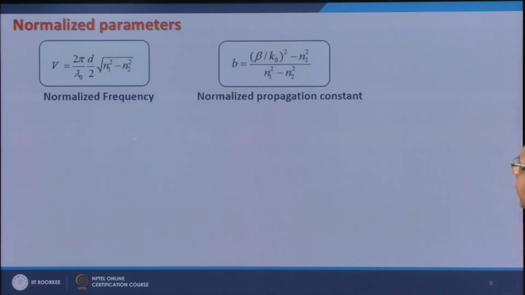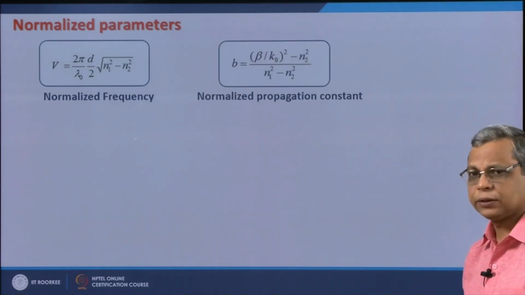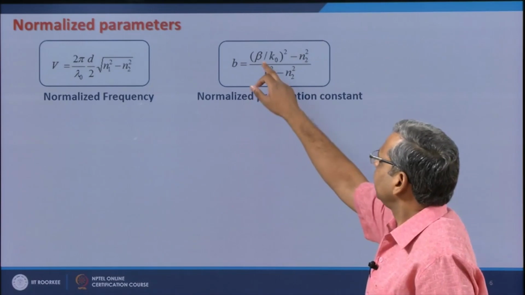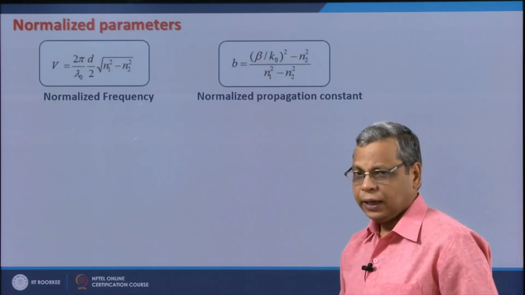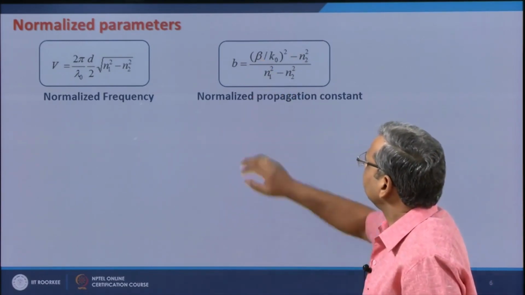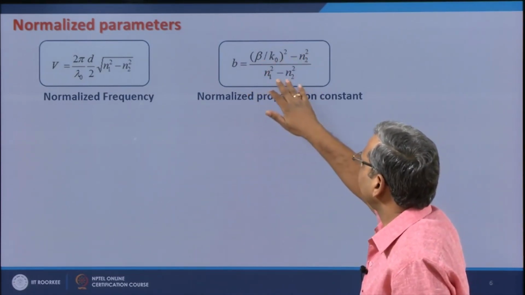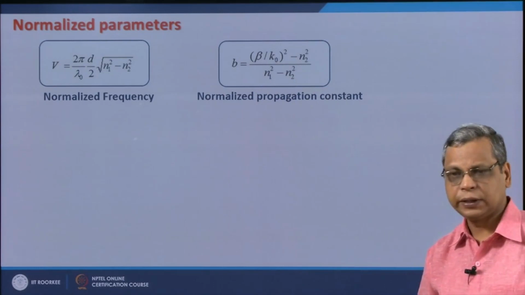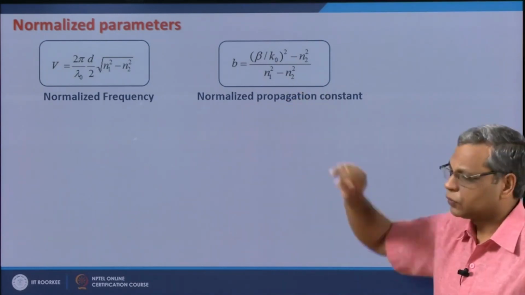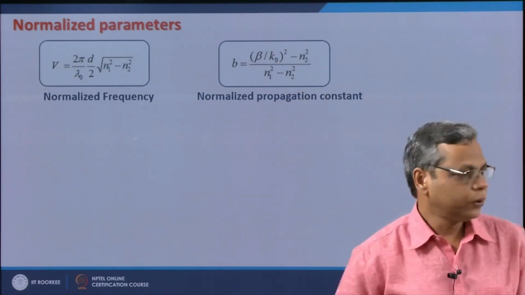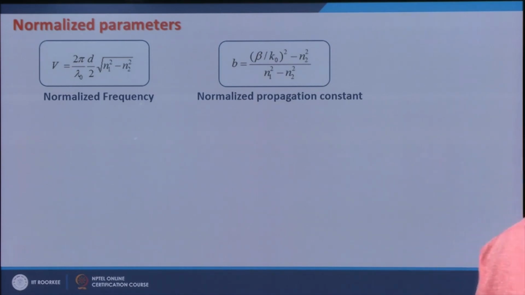Let me also define normalized propagation constant, that is, let me normalize beta. And how do I normalize beta? That I take beta over k naught square minus n2 square divided by n1 square minus n2 square. If I normalize beta in this way, then for guided modes the value of B lies between 0 and 1.